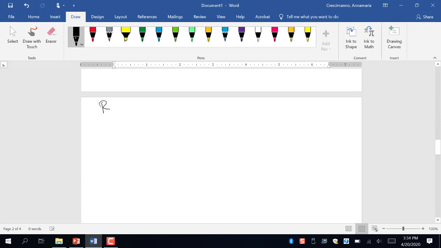So we're looking at a right proximal epiphysis of a tibia in an anterior view.